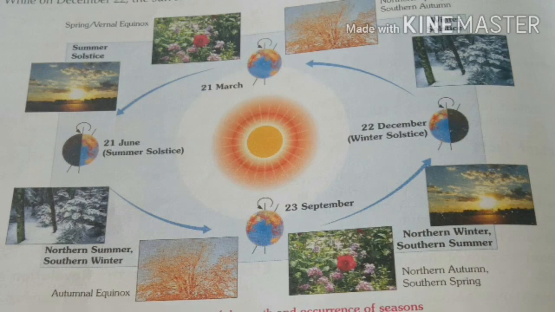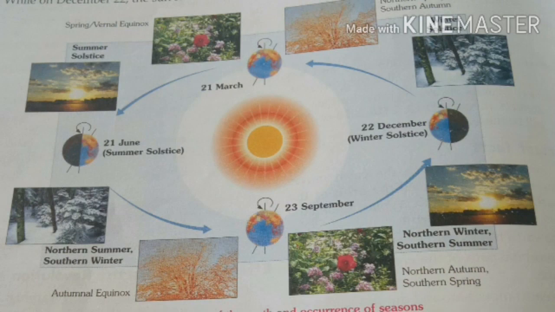Okay, the sun rays fall vertically on the Tropic of Cancer while they are slanting on the Tropic of Capricorn. The northern hemisphere receives more light and heat from the sun as compared to the southern hemisphere. So it is summer in the northern hemisphere and winter in the southern hemisphere.